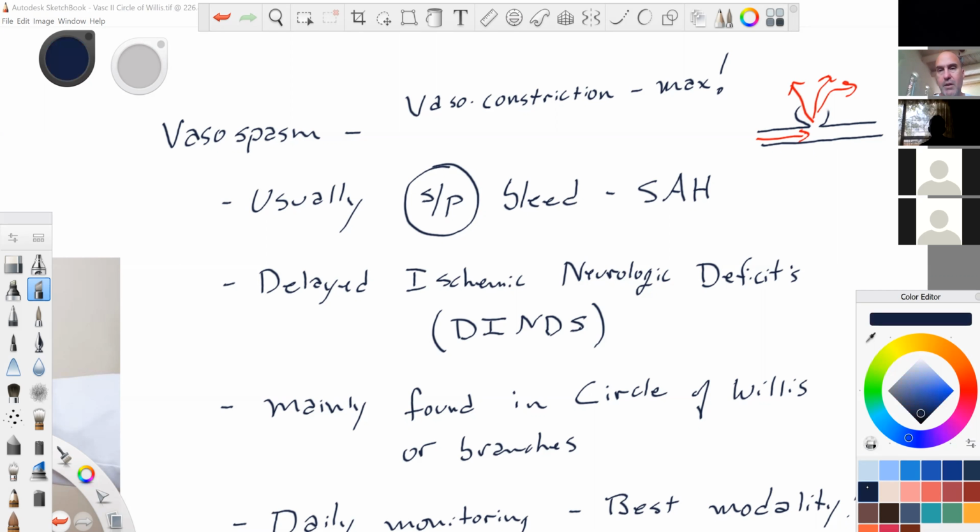And so usually a bleed, this stands for subarachnoid. Arachnoid is basically the brain covering, so anything below the covering of the brain. Hemorrhage. Oh God, I hate spelling hemorrhage. Oh my God, I spelled it right. Subarachnoid hemorrhage.